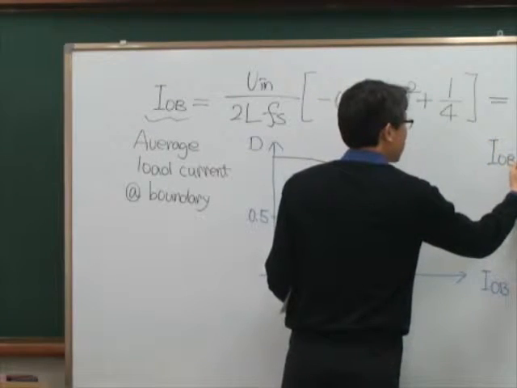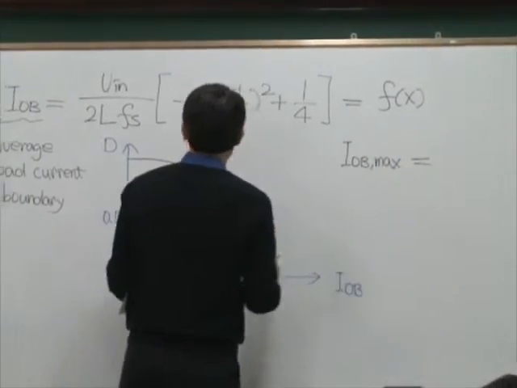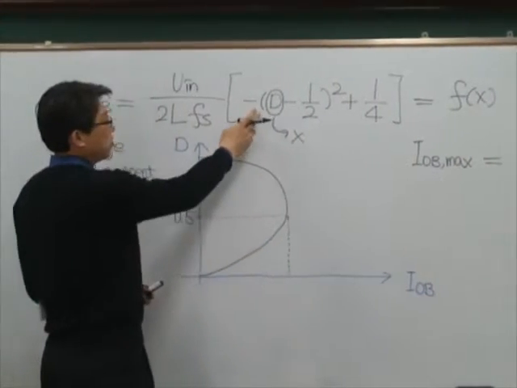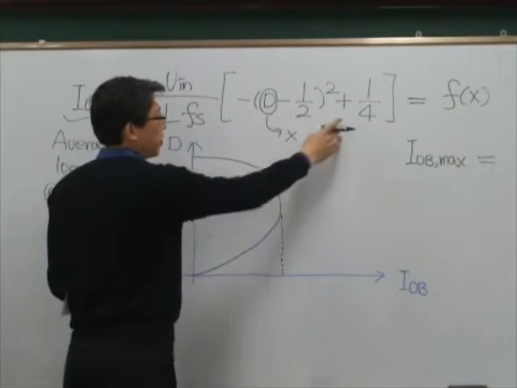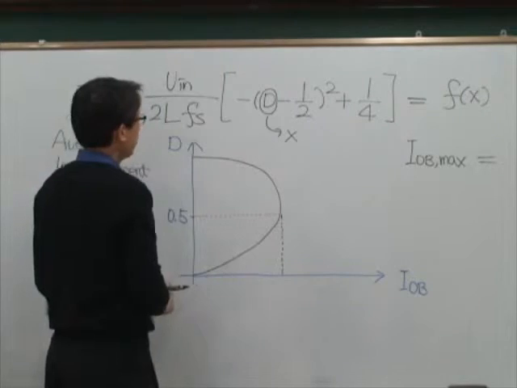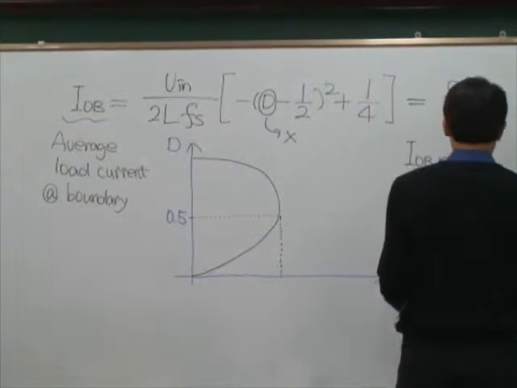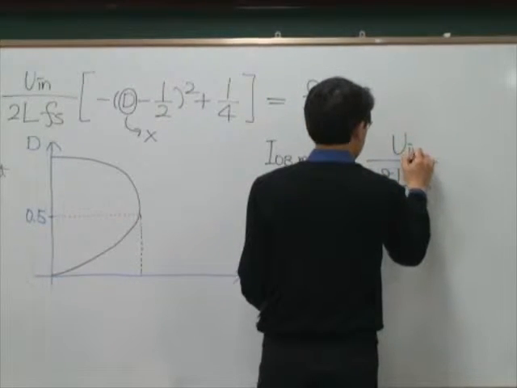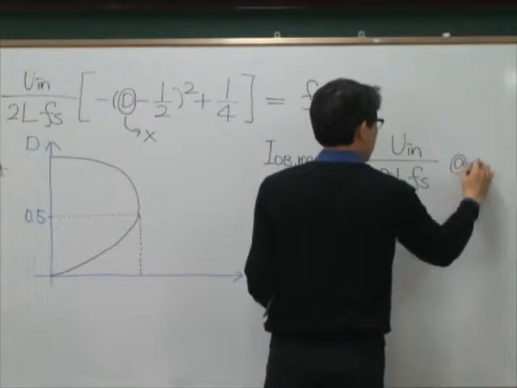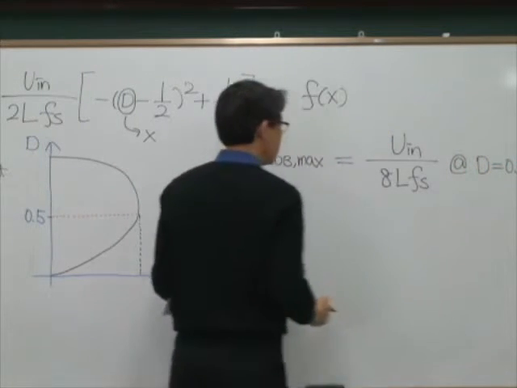IOB max is how much? When duty is equal to half, then this term goes to 0 and we have only 1/4. So it's going to be 8L FS and V input, when duty is equal to half. Okay?